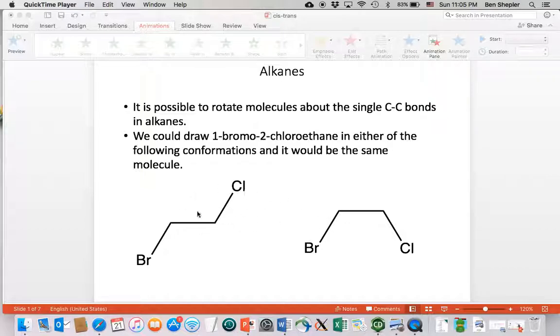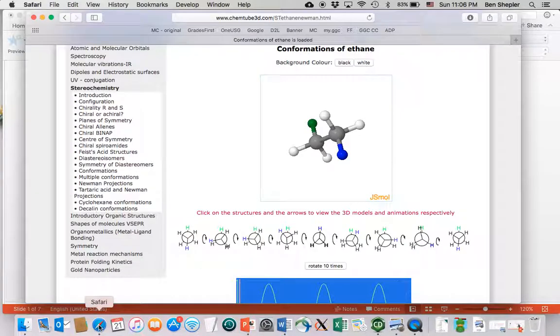Now, because it's possible to rotate about carbon-carbon single bonds, these are actually just different conformers of the same molecule. I've got a video that kind of shows what I'm talking about. All right, so here's 1-bromo-2-chloroethane, and it's possible to rotate about that carbon-carbon single bond.